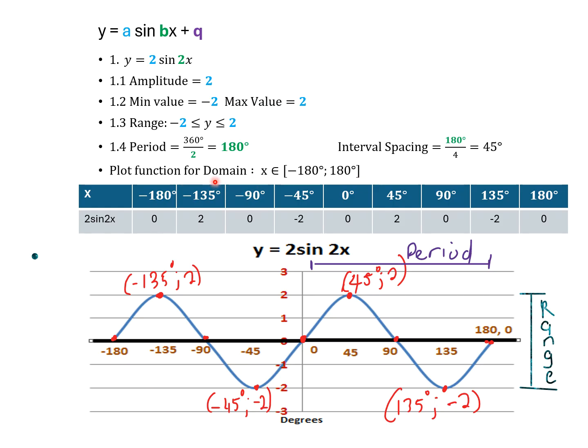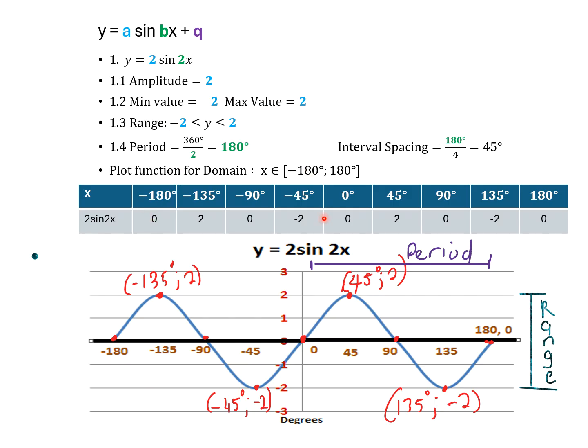So here the domain is x element of negative 180, including negative 180, up to 180, including that 180. So if I'm plotting, just to show you: 0, plus 45, plus 45, plus 45, plus 45. My apologies. Then 0, minus 45, minus 45, minus 45, minus 45.